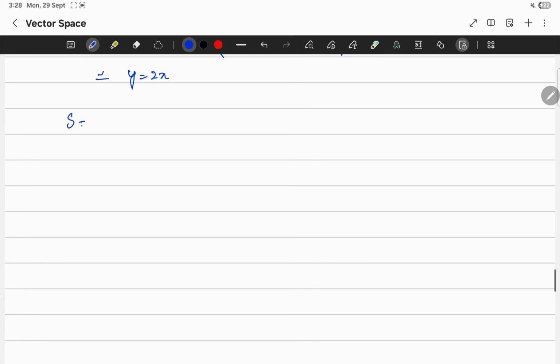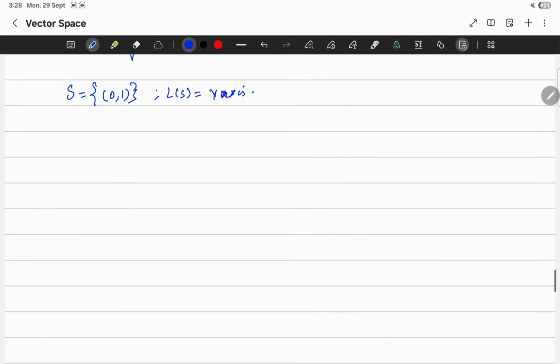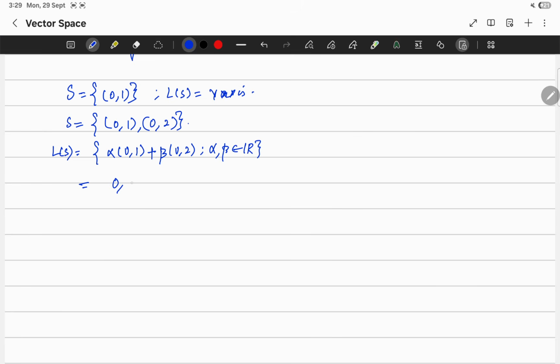Similarly, if you have the vector (0, 1), you know the linear span of S is the y-axis. And if you take S to be (0, 1), (0, 2), the linear span of this will be alpha times (0, 1) plus beta times (0, 2), where alpha and beta are from the real line, so it will give you (0, alpha plus 2 beta).